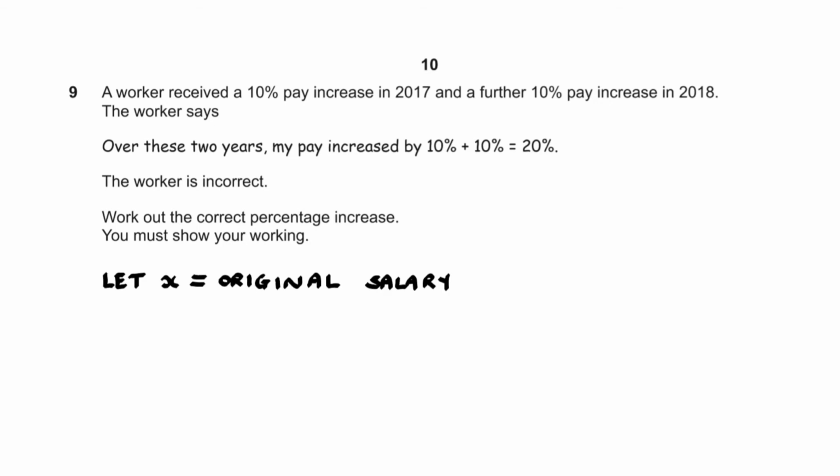Well, if we let x equal the original salary, then we have x being multiplied by 1.1. Now this 1.1 would correspond to the 10% pay increase in 2017, and then we multiply this by 1.1 again, which corresponds to the 10% pay increase in 2018.